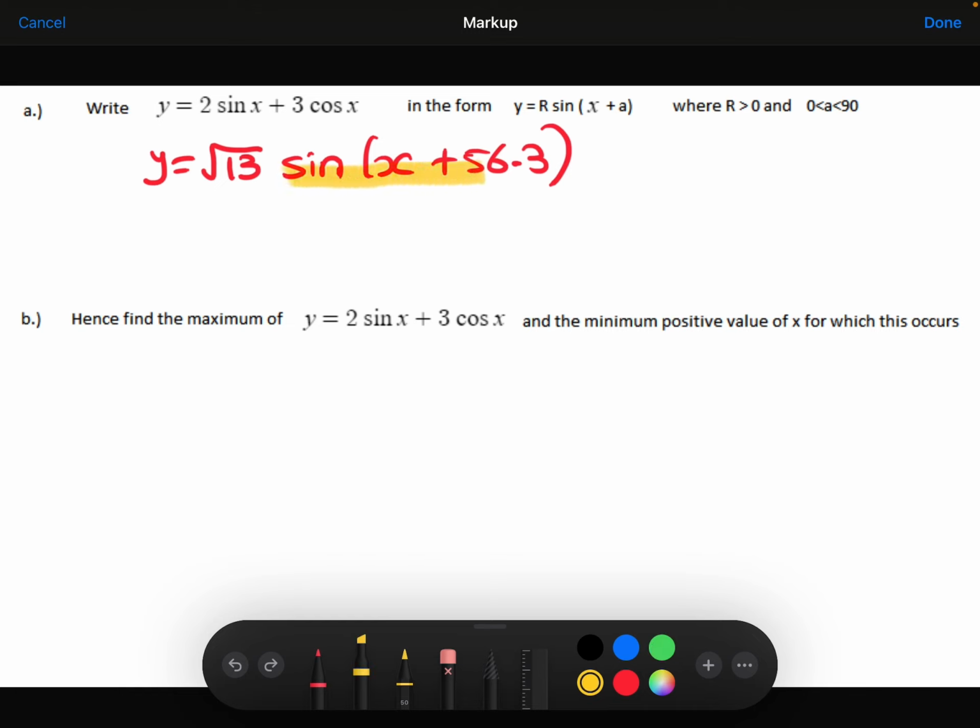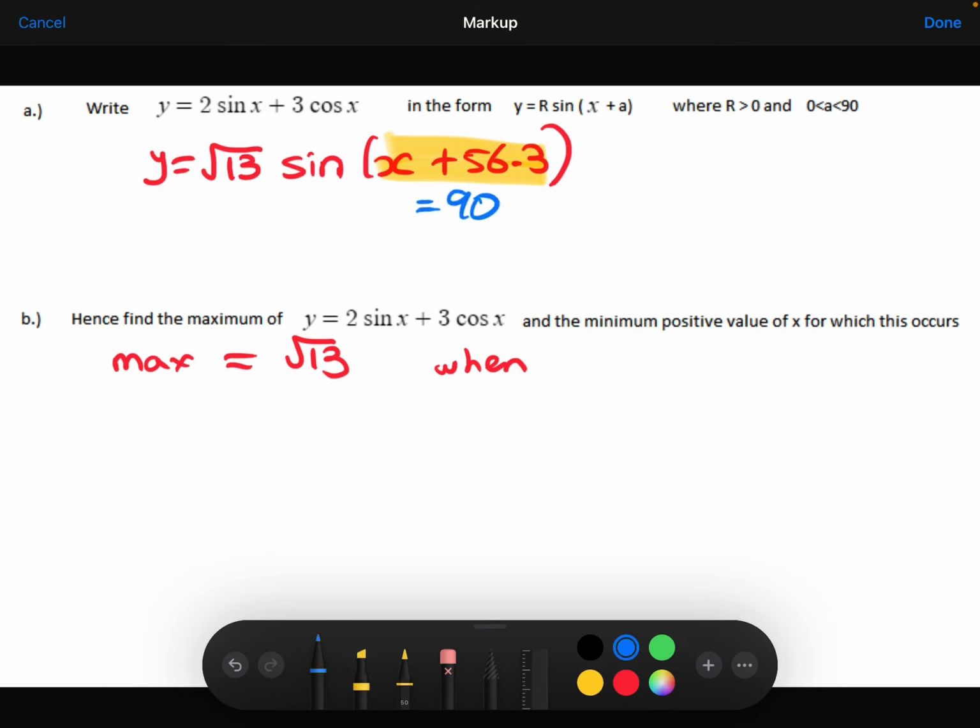Right, I know that the biggest that sine can be is 1. So if I times that by root 13, I get root 13. So the maximum coordinate of y for this graph is root 13. And this is going to take place when, does the sine graph have a maximum? It's when this bit on the inside here equals 90.